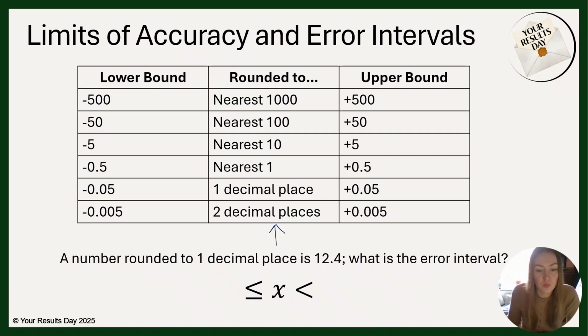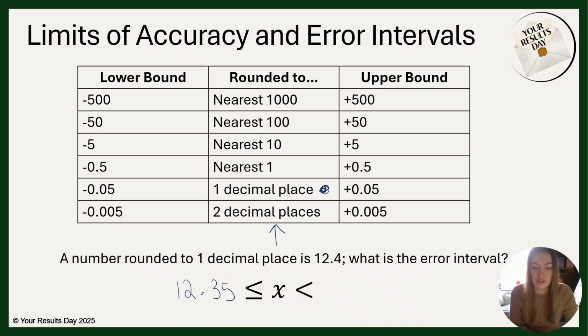A number rounded to 1 decimal place is 12.4. So the number in the middle is 12.4. And so if I'm looking at 1 decimal place, for the lower bound, I want to subtract 0.05. And now this is why for some people I've suggested maybe a calculator would help, but not essential. So the lower bound would be 12.35.